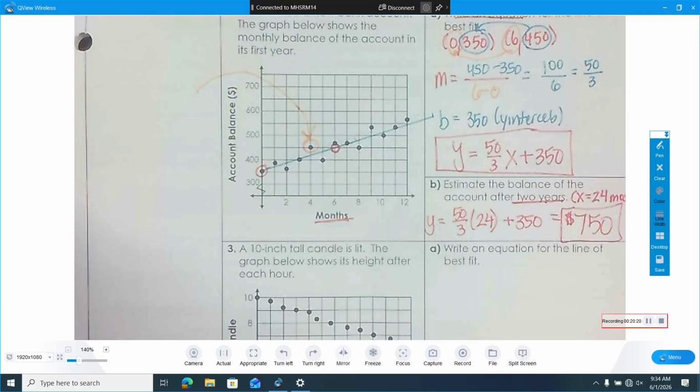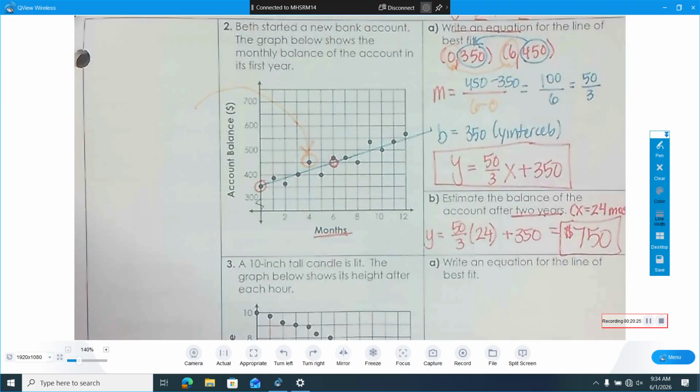What does it mean? It's a bank account. What is that point talking about? Give me more details. Okay, so how much money is in the account?